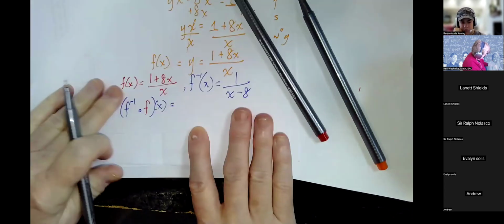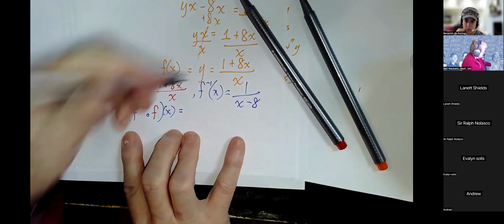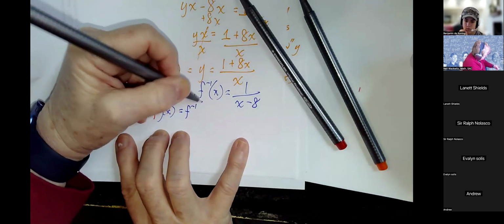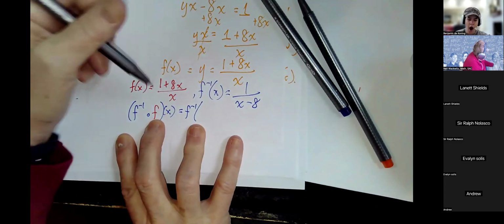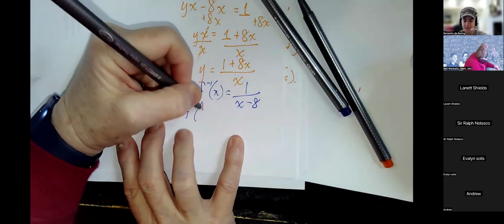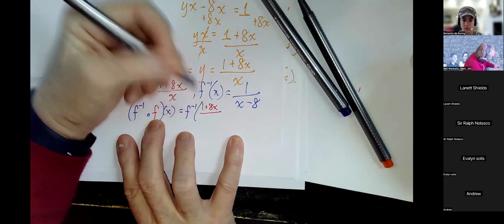And that means we've got f inverse of 1 plus 8x over x.